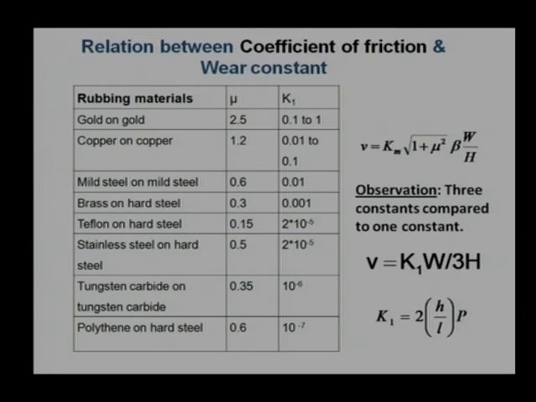From that point of view, I can recommend using the Archard equation compared to the Rowe equation. There is another theory related to probability, because Archard expresses K1 as the probability of how many junctions are going to tear away or give particles.